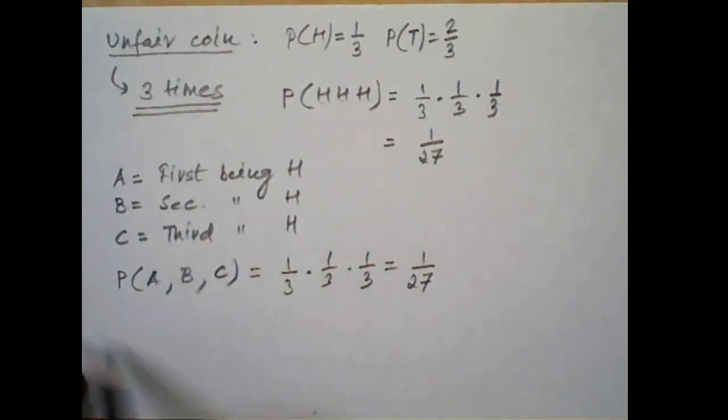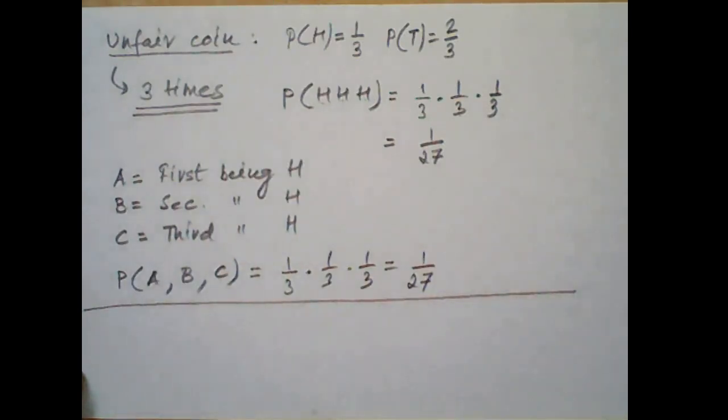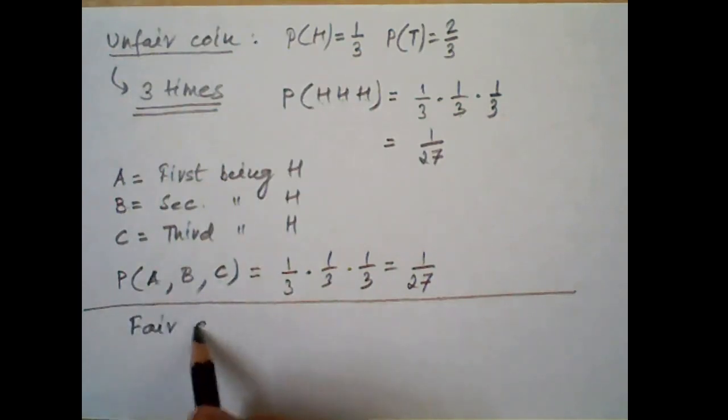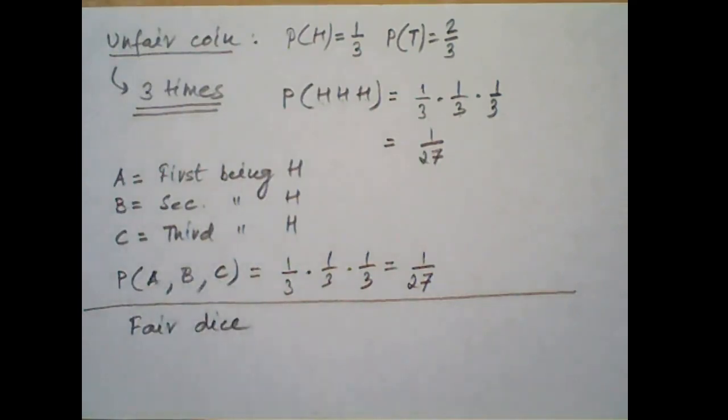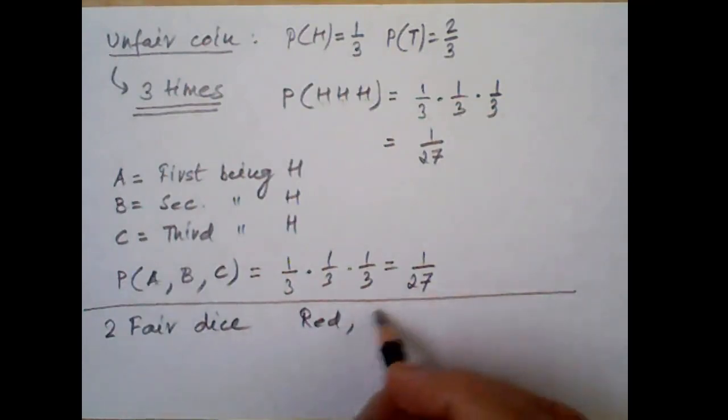Okay, so we will take another problem just to look at the joint probability a little more carefully and critically. Let's say we have a fair dice now. In fact, we don't have one, we have 2 fair dice. Let's say one is red colored and the other one is green colored.